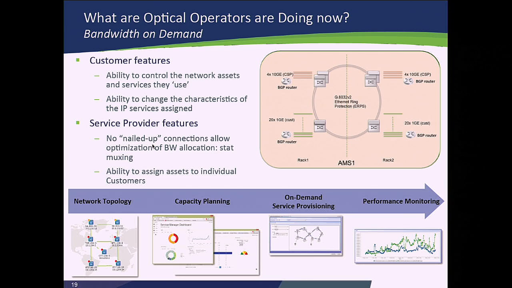And from a service provider perspective, the bandwidth allocation is conserved because there's no need to nail up the connection when it's not being used. It provides a form of stat muxing, which will in turn reduce CapEx. And then the assets can be assigned to individual customers, which aids in efficiency when you're doing your capacity planning.